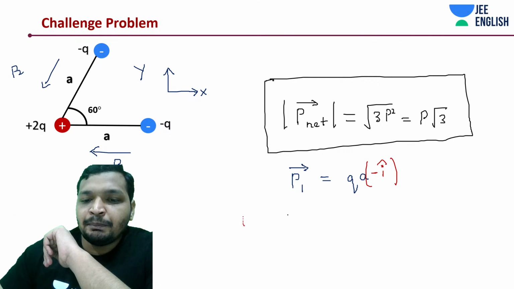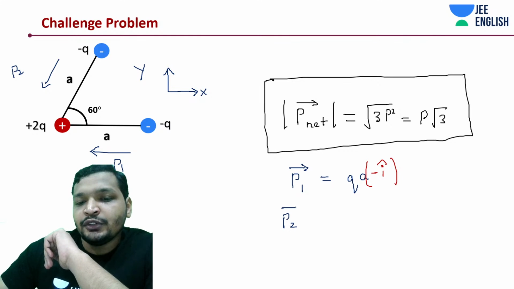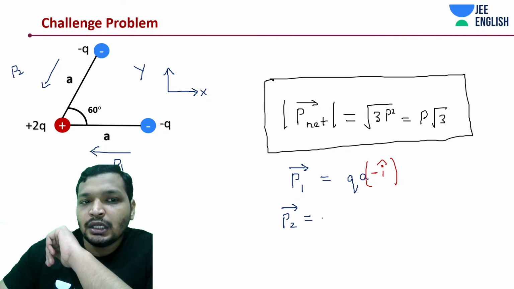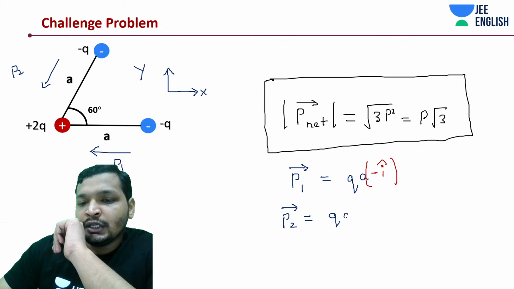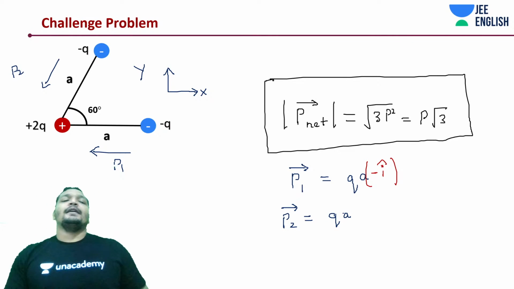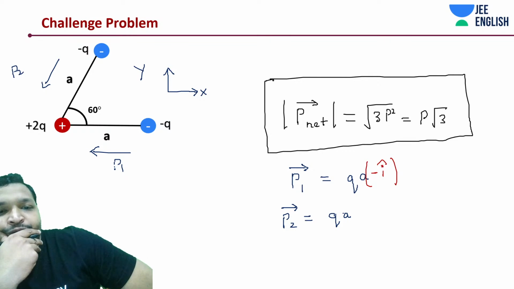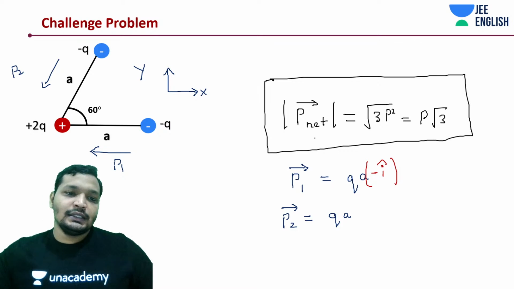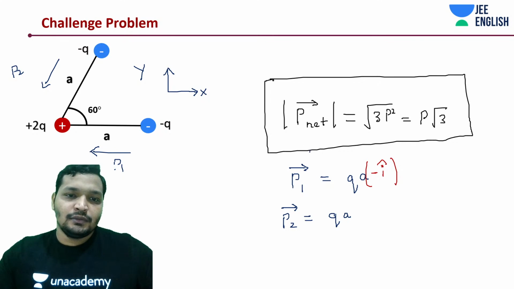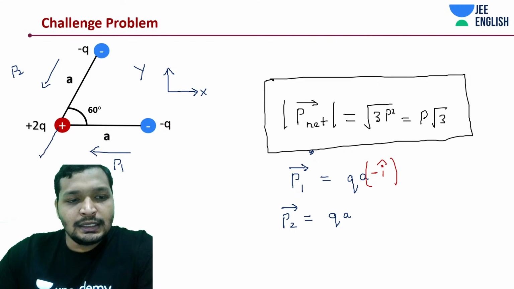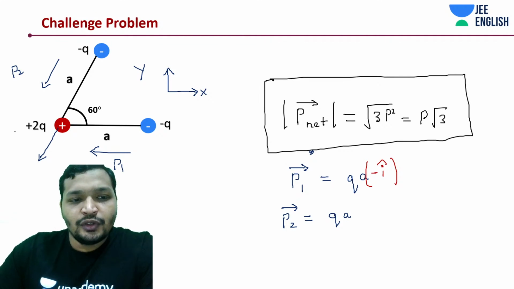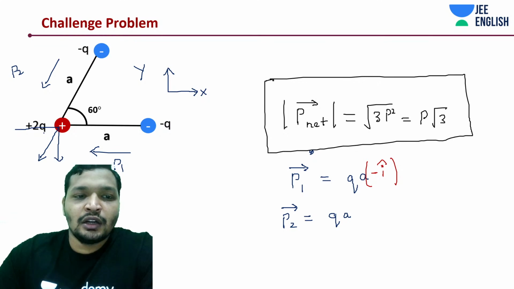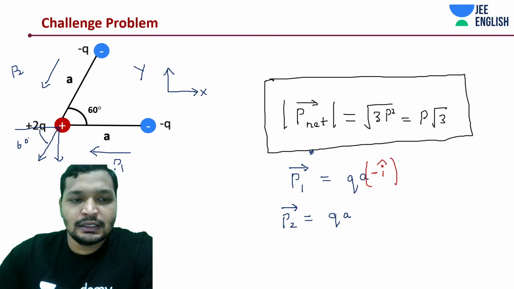What about p2? P2 is going to be q into a. Now here lies the question, how do we do this? Can we say something like this is p2 divided into components, and along this it is going to be 60 degrees.